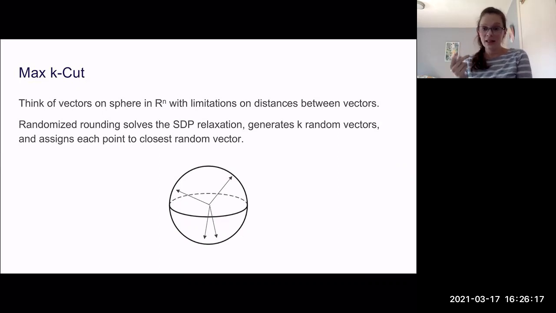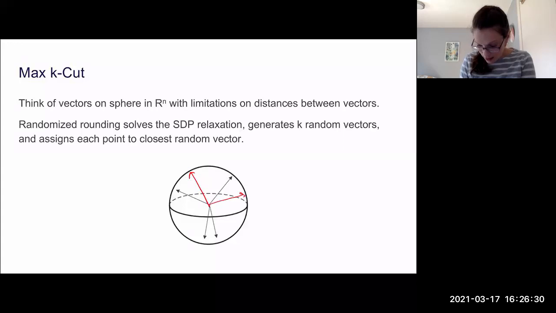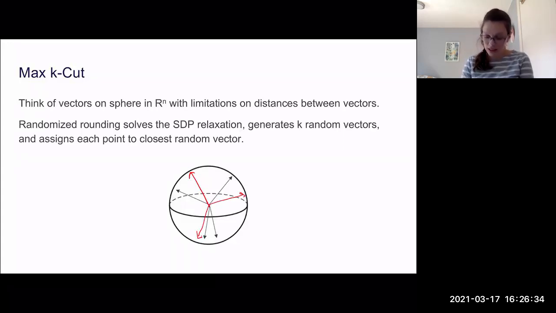And so how this problem has been rounded before is to say, okay, I'll generate k random unit vectors, and I assign a point to its closest one. So this one would map to this, and these two would map to here, to get out k clusters. If this was k equals 3, I would generate 3 random vectors.